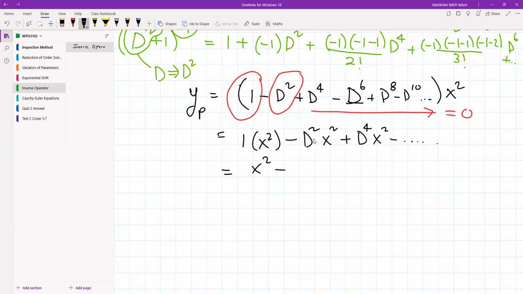So, second derivative of X squared dia akan jadi 2 factorial tambah apa dia? Yang ni jadi kosong lah. Sebab apa? Yang ni jadi kosong sebab D of X squared is just 2X.